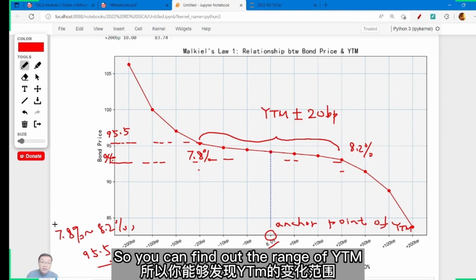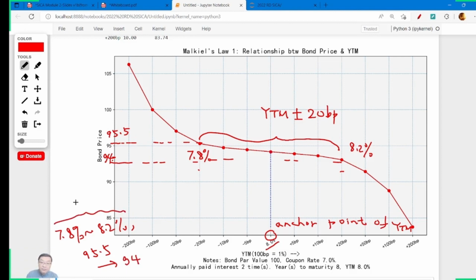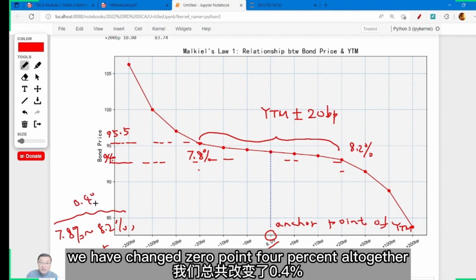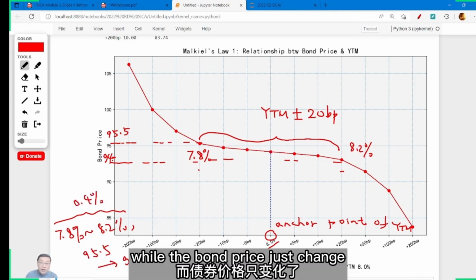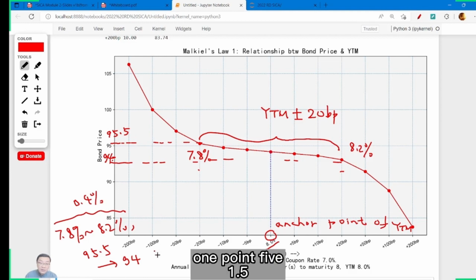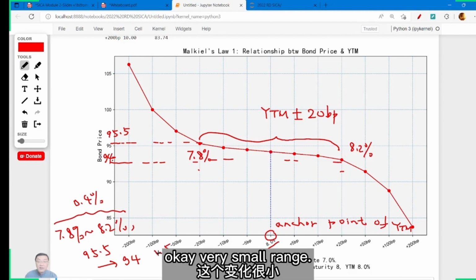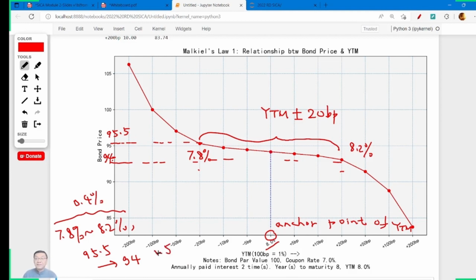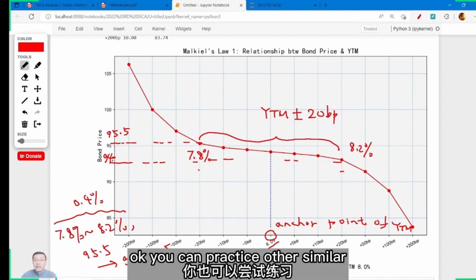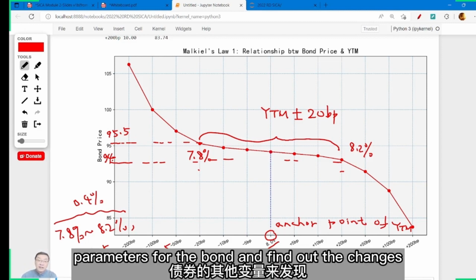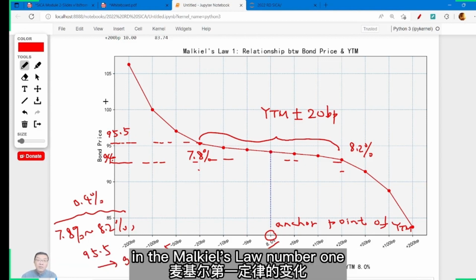We have changed 0.4% altogether, while the bond price just changed 1.5. Okay, very small range. You can practice other similar parameters for the bond and find out the changes in Law Number 1.